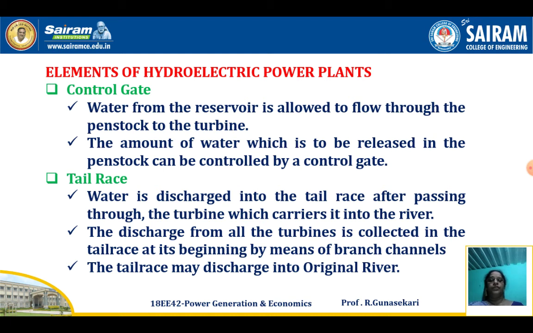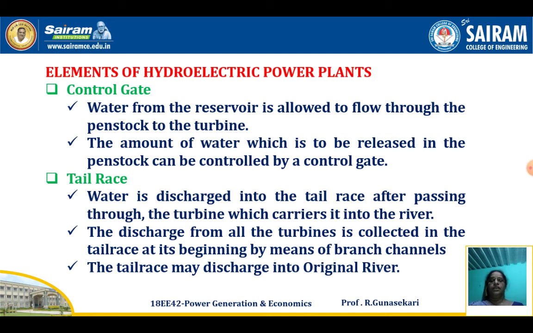This is the water outlet level of the hydroelectric power plant. The water is discharged into the tail race after passing through the turbine, which carries it into the river. The discharge from all the turbines is collected in the tail race at its beginning by means of branch channels.